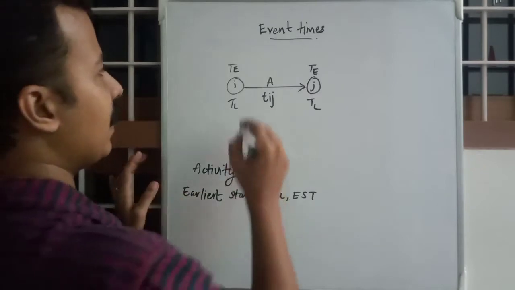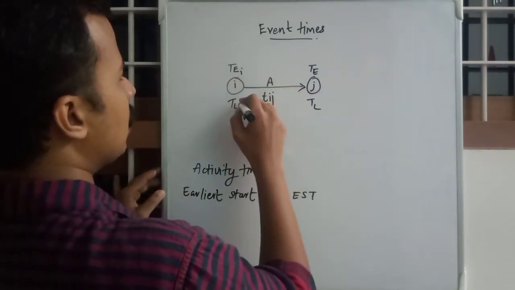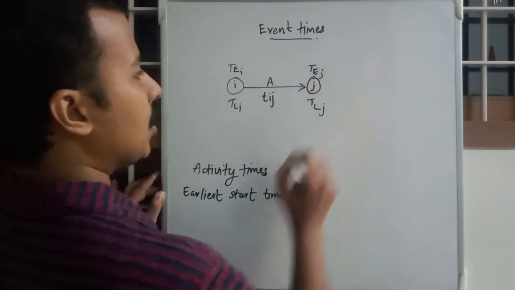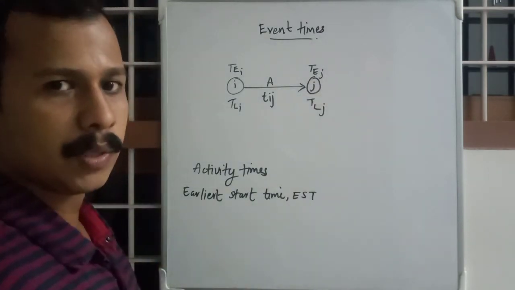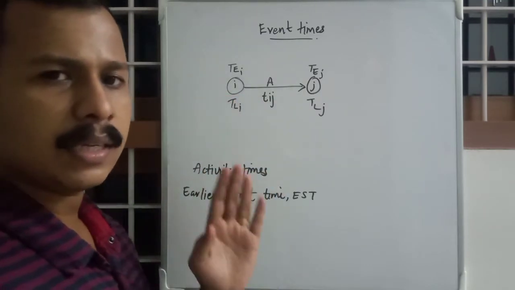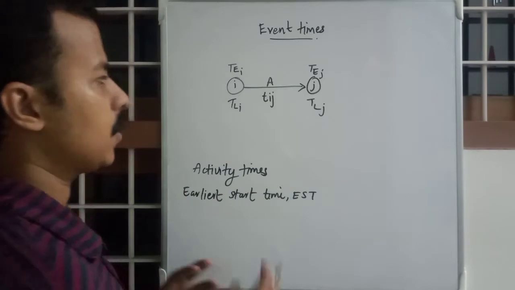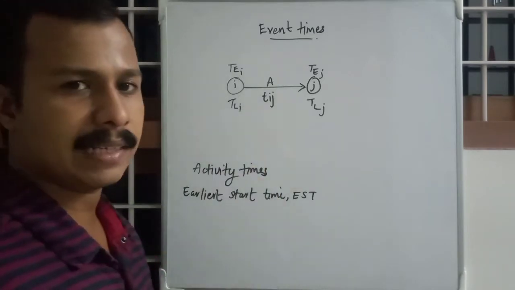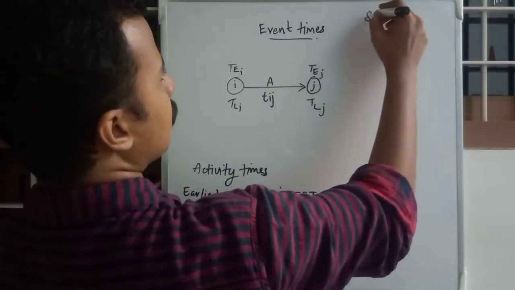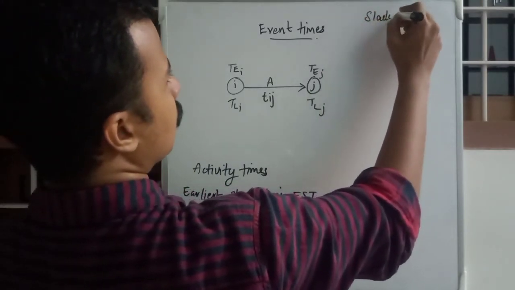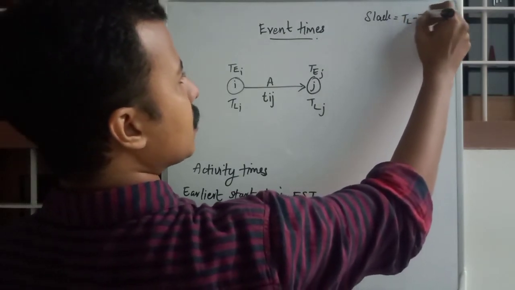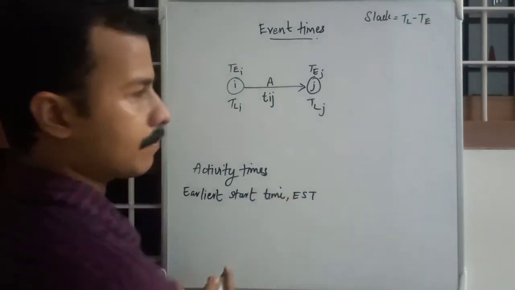For better identification, we will mark them as TEI, TLI, and TEJ and TLJ. So for each event there will be a set of TE and TL. Obviously, we have the duration of that activity also. And as we know, slack for any event was TL minus TE.